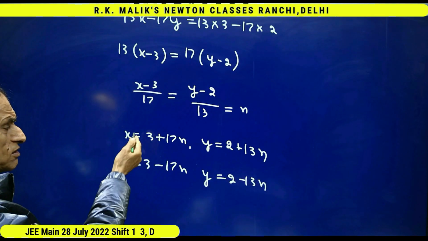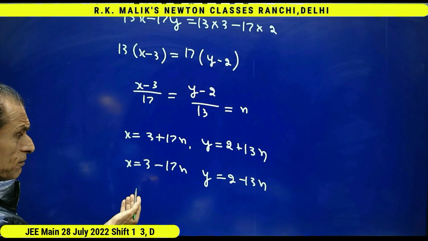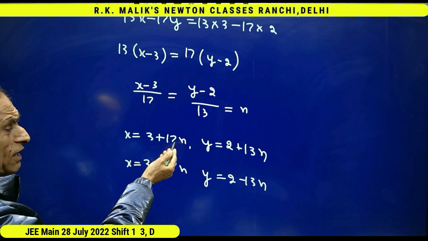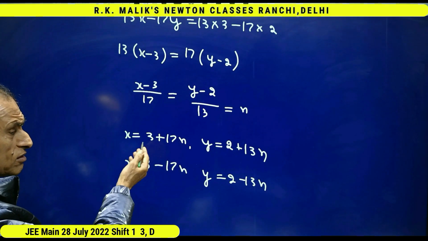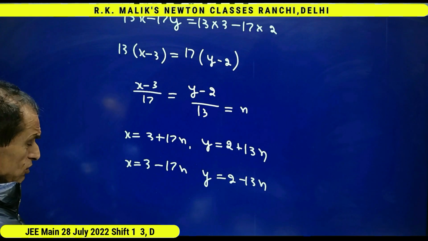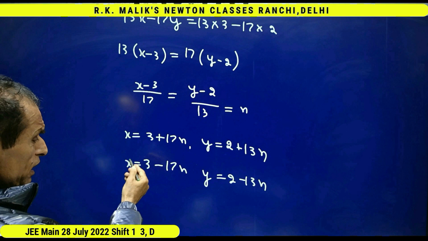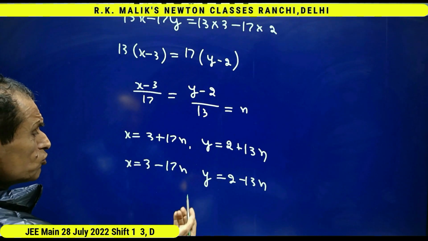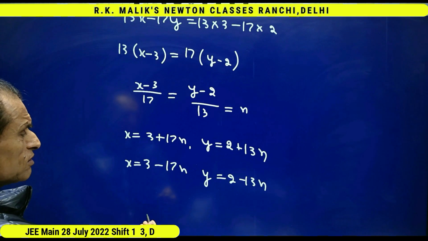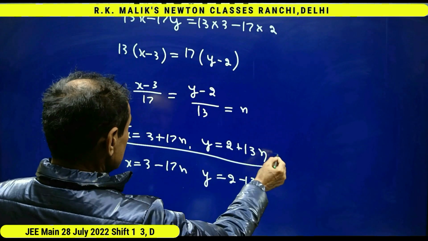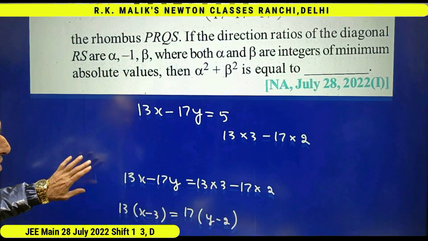But note that these two solutions are only seemingly different, they are the same. If I put n equal to 1 here, or I take n equal to minus 1 here, you will get the same solution. If you put n equal to 2 or n equal to minus 2, you will get the same solution. Hence both are correct, and this is the general solution of this equation.